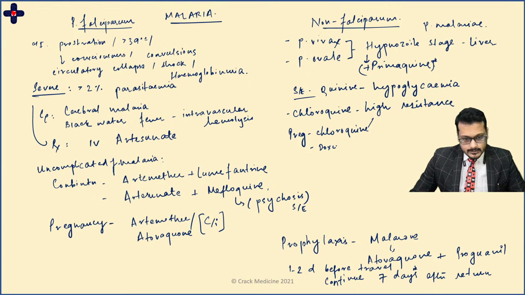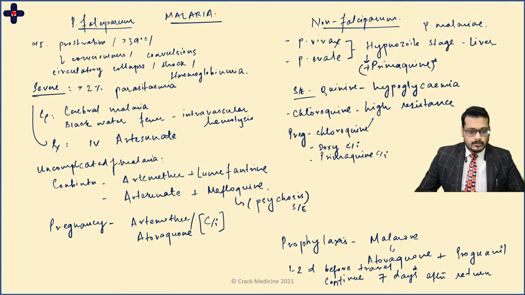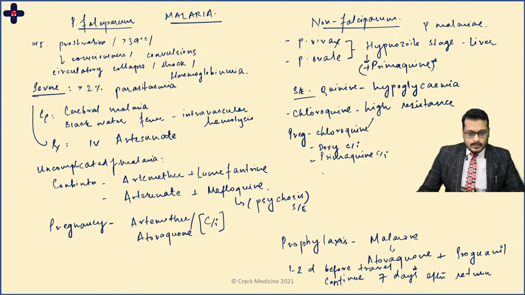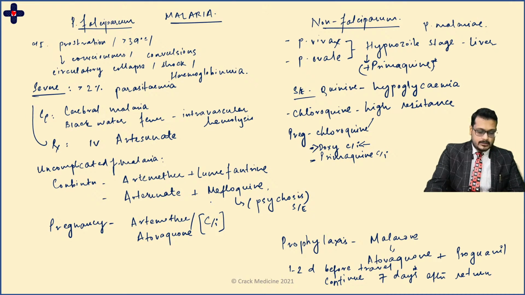So doxycycline is contraindicated, okay, and primaquine is also contraindicated. It's quite confusing, but I have tried to mention all the important points that you should remember. So in cases where you need to give the combination therapy with, let's say, quinine and doxycycline, in cases of pregnancy, what is the treatment that you will replace with doxycycline? To find out the answer, you have to see the next question.